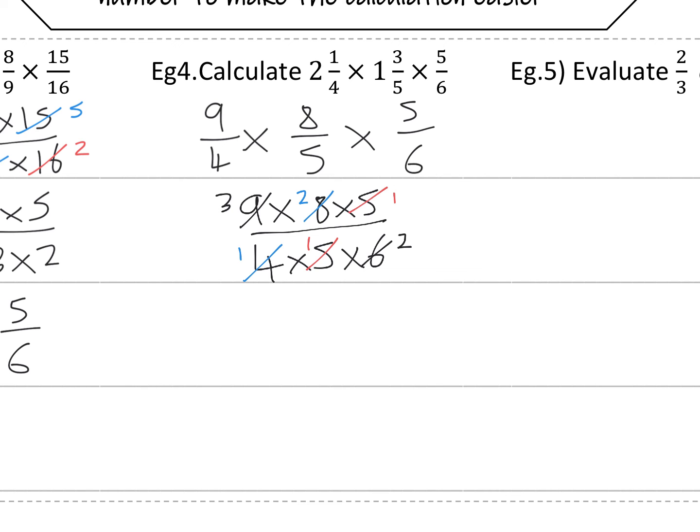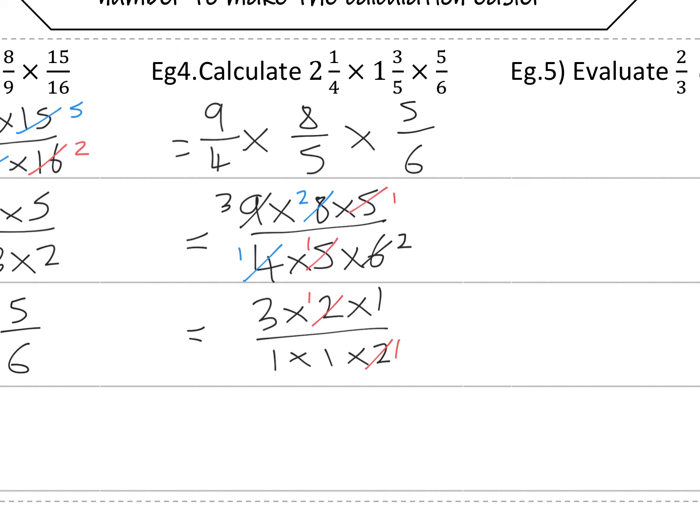Again, if it looks too messy and you can't see what's going on, it maybe is worthwhile writing another line just with what is there. So that's 3 times 2 times 1 over 1 times 1 times 2. And actually you can see there now that we've got a 2 that's also common. So we could simplify further again. We could divide that by 2, divide that by 2.